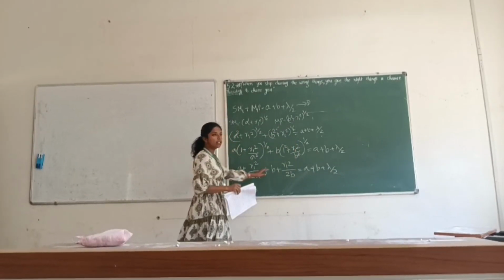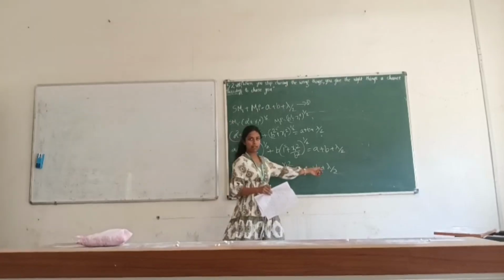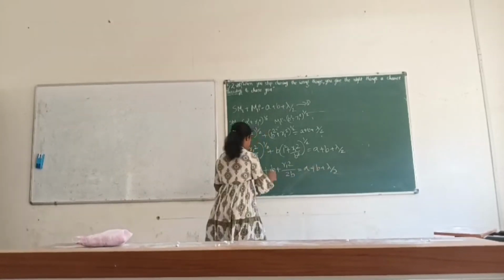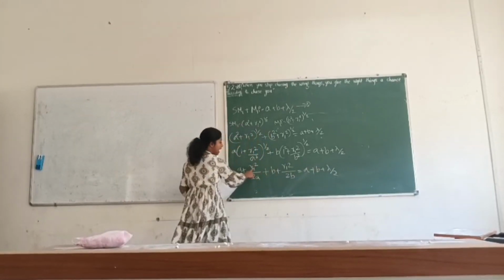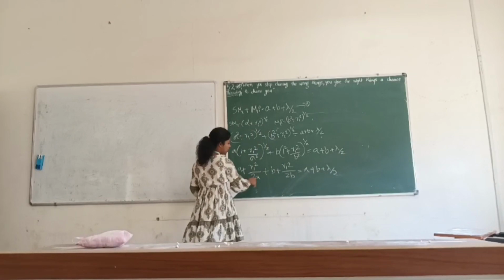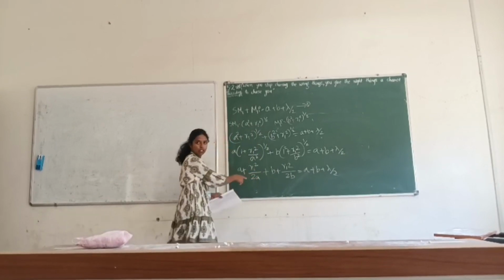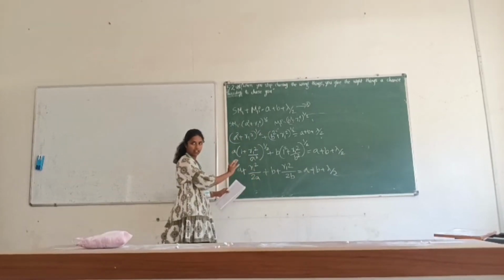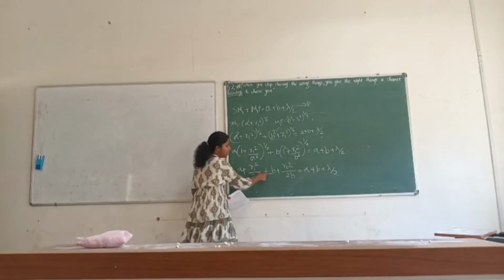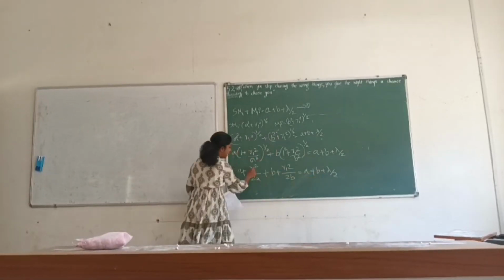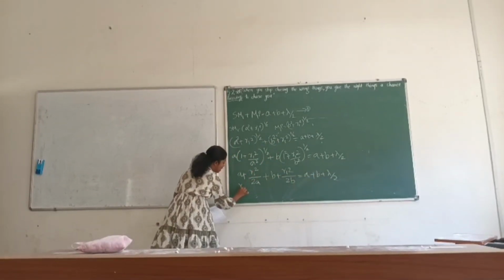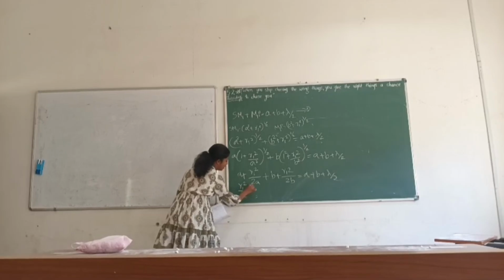In both sides we have A plus B, so we can cancel. R1 square by 2 is also common, so we take it outside.